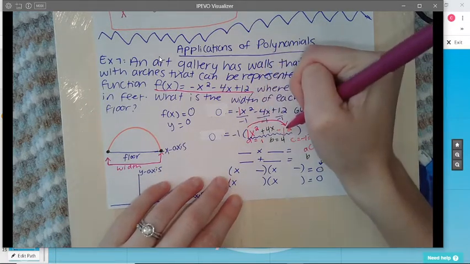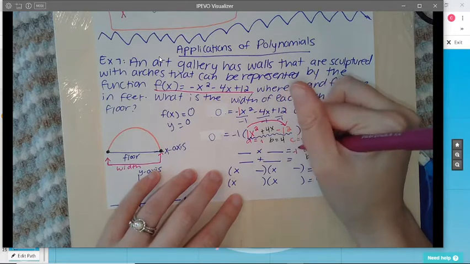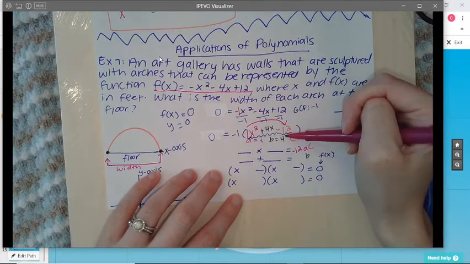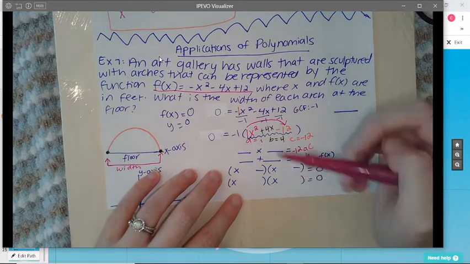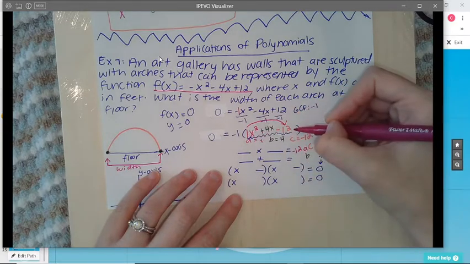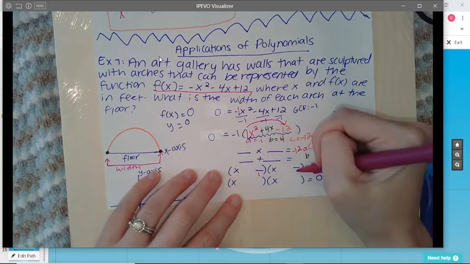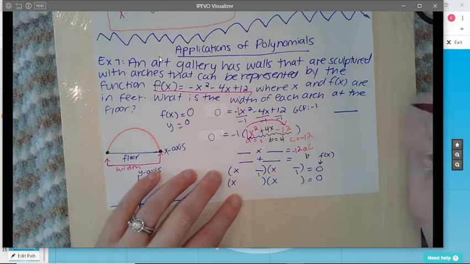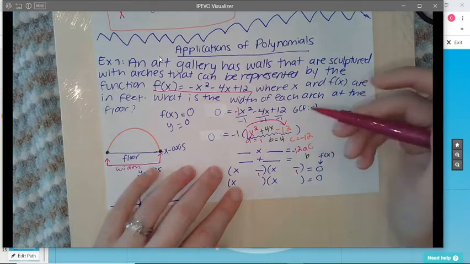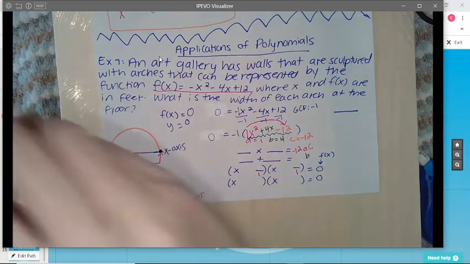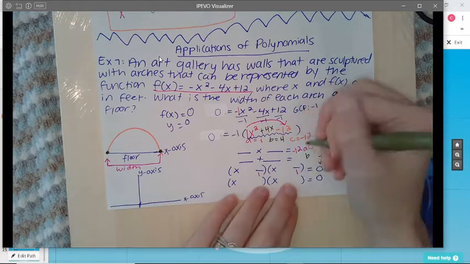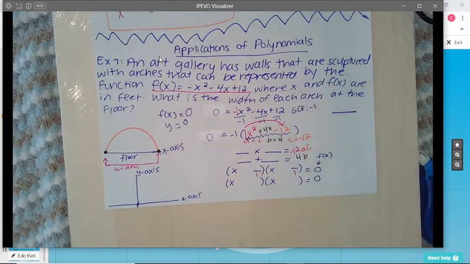I'm going to slide my A to my C, so 1 times negative 12 is negative 12. I slide by A, and don't forget, you must divide by A. So I slide by 1, which means I need to divide by 1 when I get done. So we find two numbers that multiply to be AC and will add to be B, which is 4.